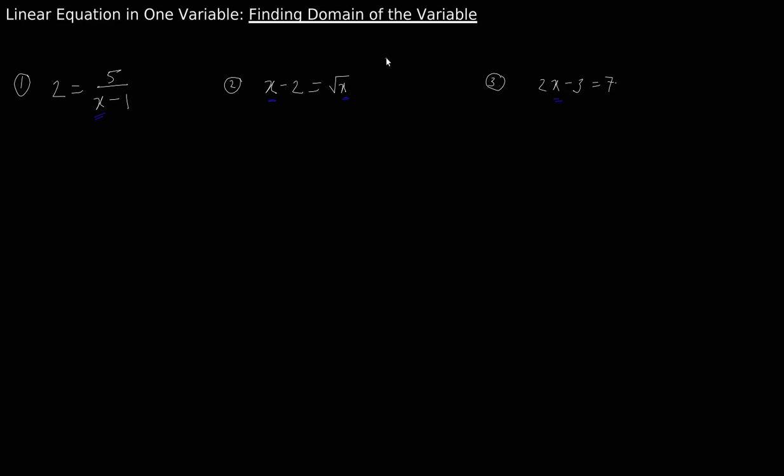Now first of all, we want to try to find domain. So before we try to find domain, let us first see the definition of domain. So let us see a plain definition. The domain of a variable in an equation is the set of all real number for which both sides of the equation are defined.